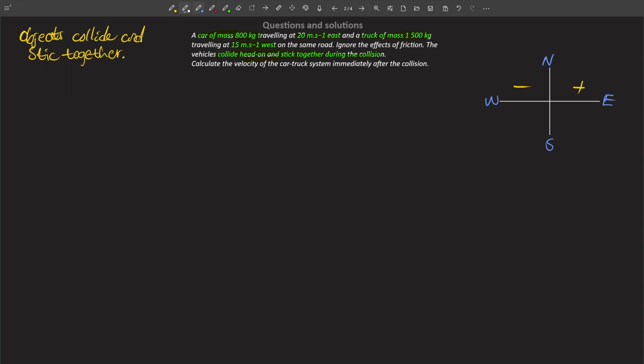A possible way for us to calculate velocity is to use this formula. The sum of momentum before is equivalent to the sum of momentum after.